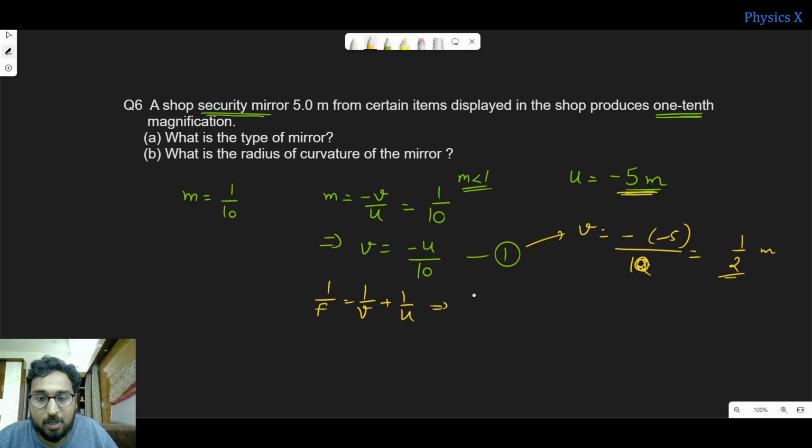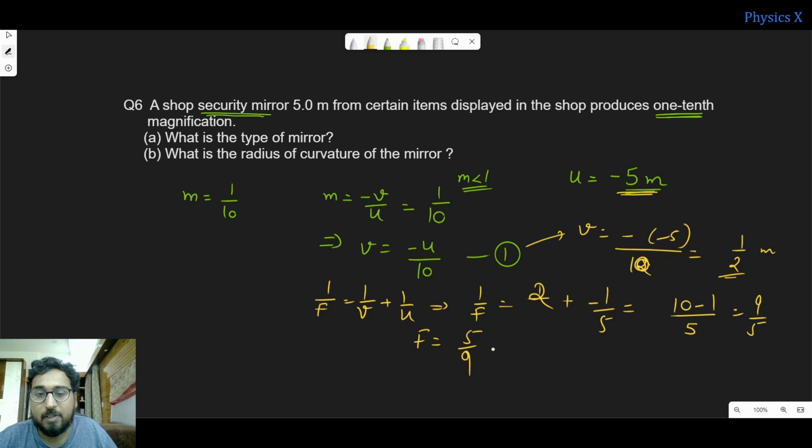So 1 by f is equal to 1 by v, which is 1 upon 1 by 2. So that becomes 2, plus 1 by u, which is minus 1 by 5. So this is 10 minus 1 upon 5. So this is 9 by 5. So what is the focal length? This was 1 by f, so f is 5 by 9 meter.